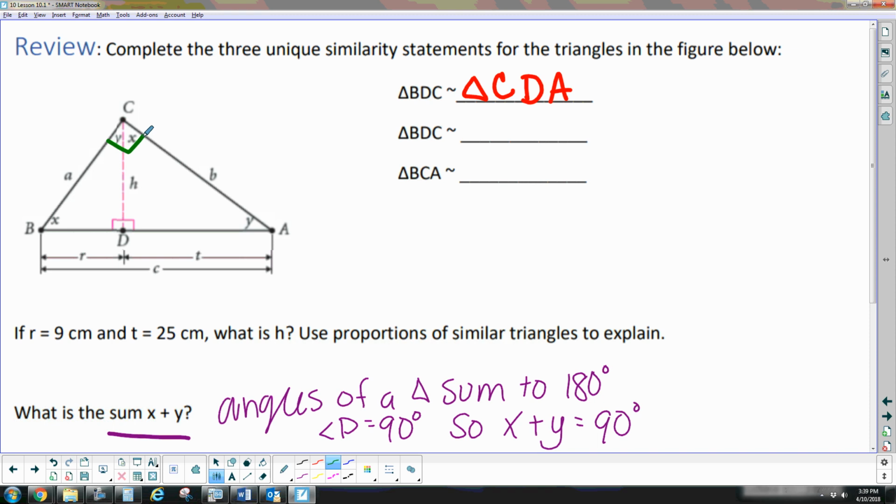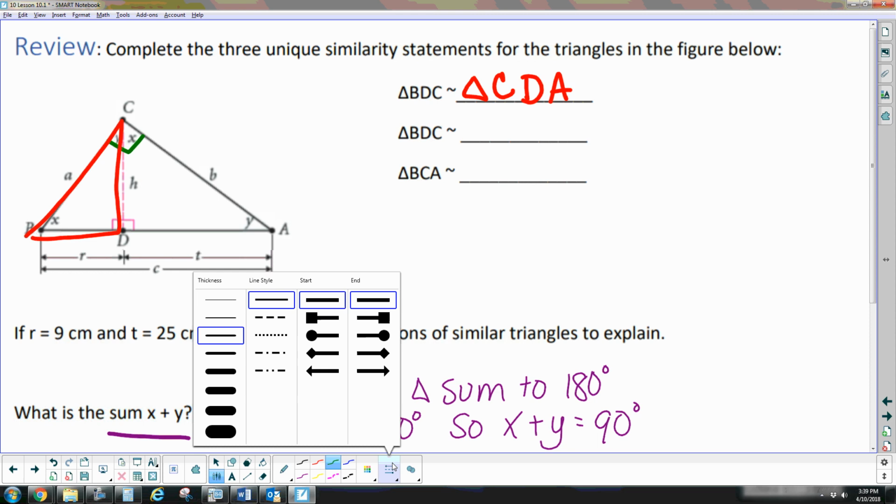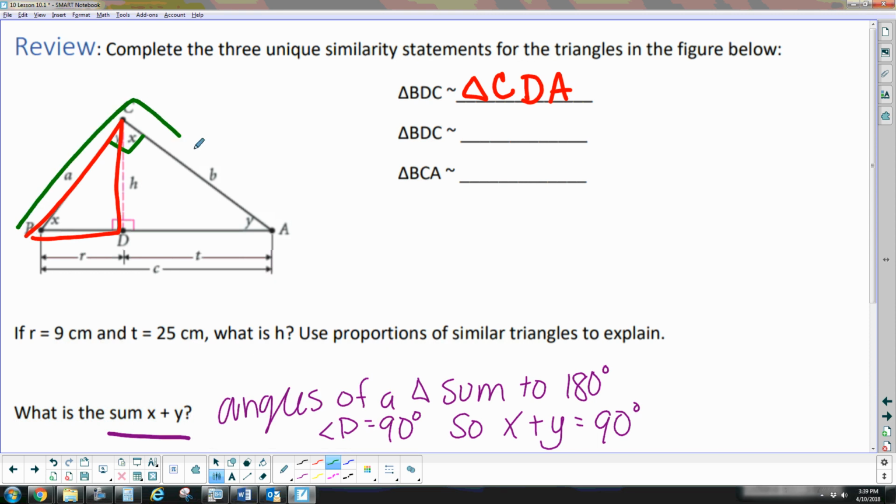So in this second similarity statement, again, we're looking at this triangle BDC. Where angle B is x degrees, angle D is 90 degrees, and angle C is y degrees. So we can write a second similarity statement with that dealing with this large triangle.